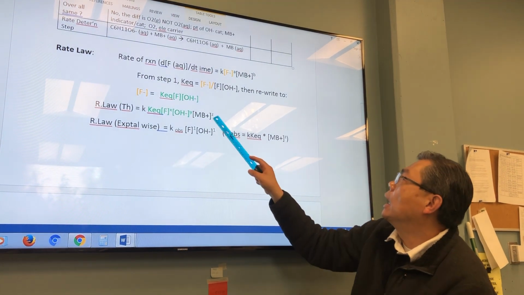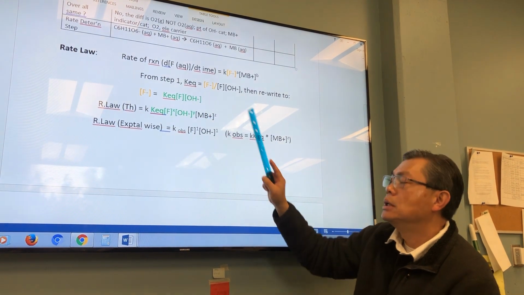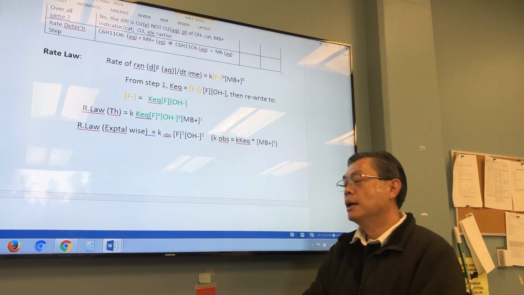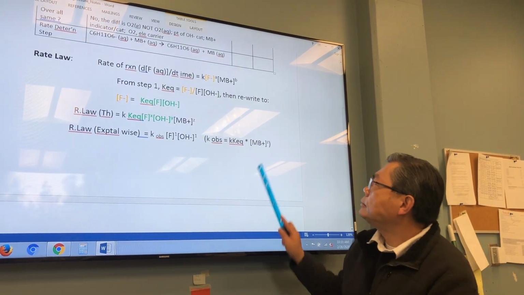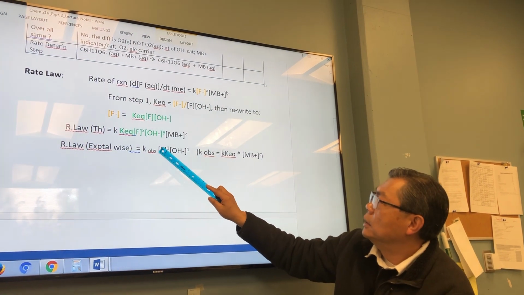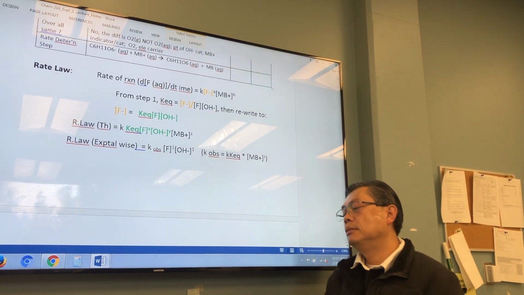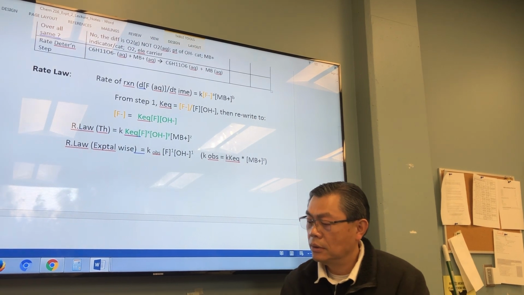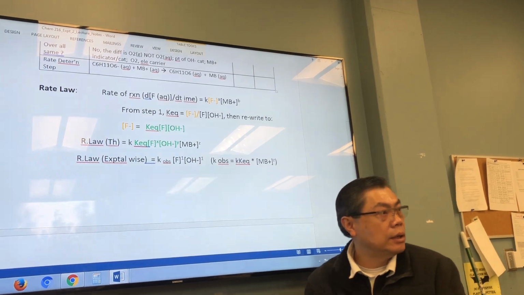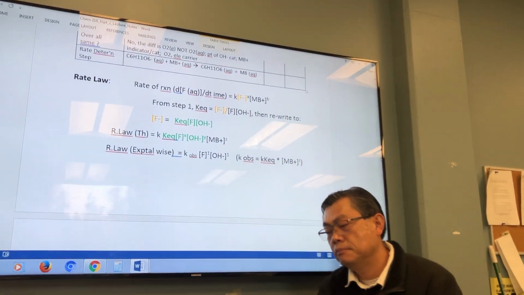So you would say this is 0 order. So the methylene blue plus concentration does not matter to our reaction. That was the assumption. And so therefore the experimental rate law would be photo and hydroxide only, not having the methylene blue plus. While in the theory, we say the methylene blue may affect our reaction rate.